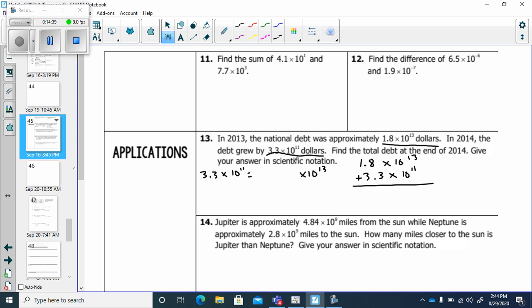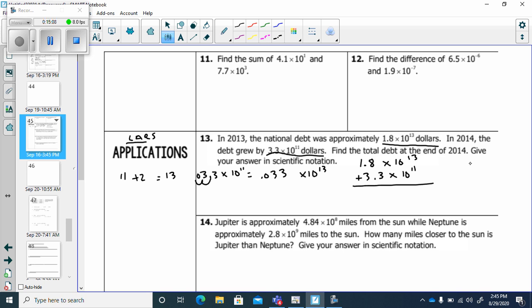When I go from 11 to 13, what do I do? I add 2. Lars tells me if I add 2, I go left, okay? So I need to go left 2 on this one. It would be 1, 2. That would give me 0.033 times 10 to the 13th.